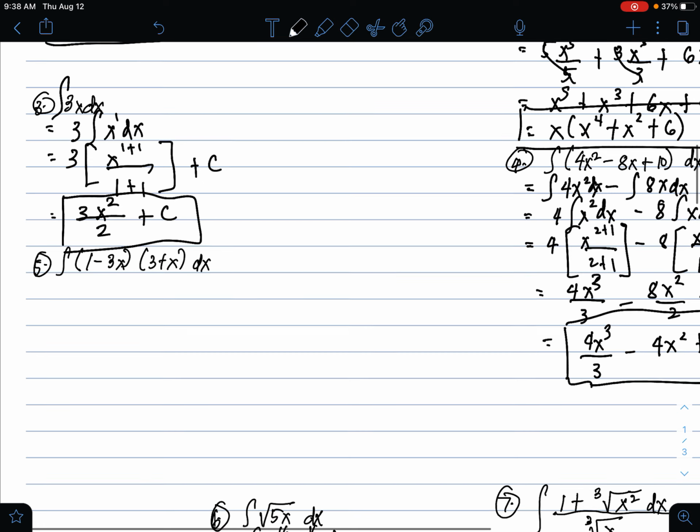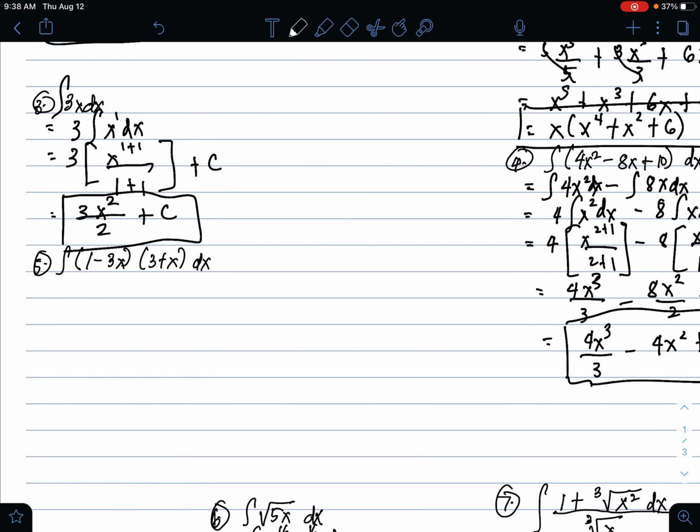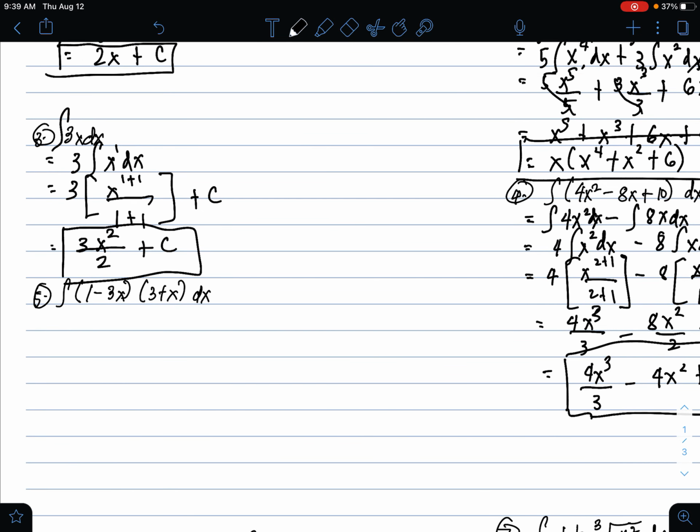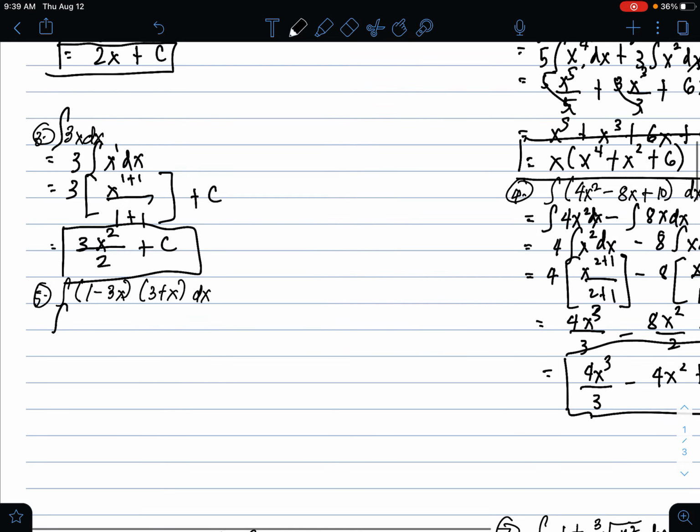Okay, for number 5. If you see a problem like this, what will you do? For me, I can distribute first, right? For us to easily integrate the function in terms of x.